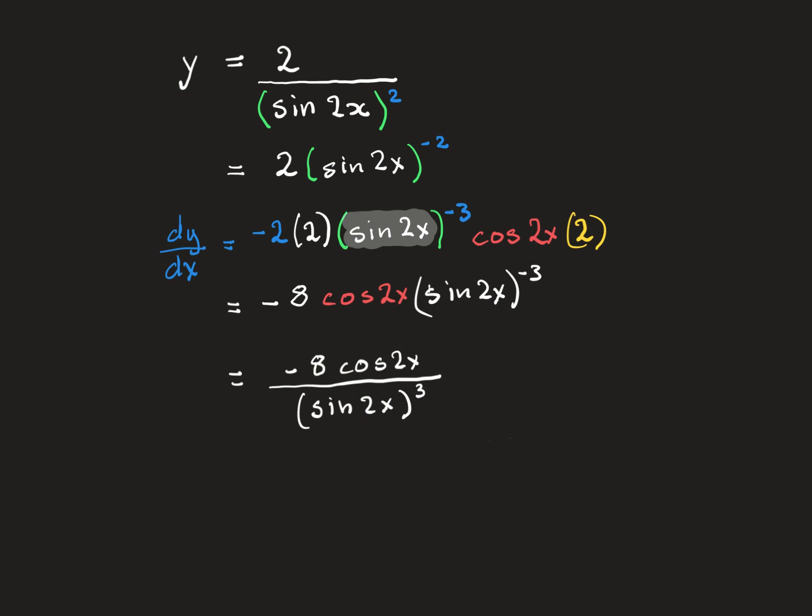And once again, as mathematicians, we don't want to keep on writing those brackets, so we'll move that 3 after the sine. And in a very tidy fashion, we have minus 8 cos 2x over sine to the 3, leaving the 2x. And this is our answer.